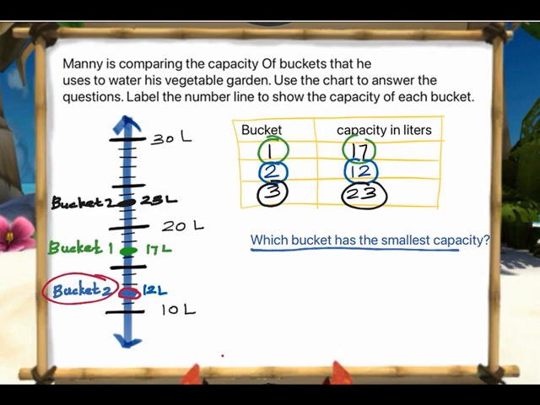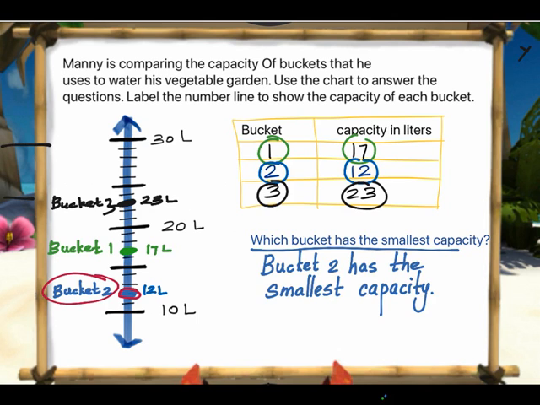And it is found to be the lowest on the number line. So it has the smallest capacity. Bucket 2 has the smallest capacity.